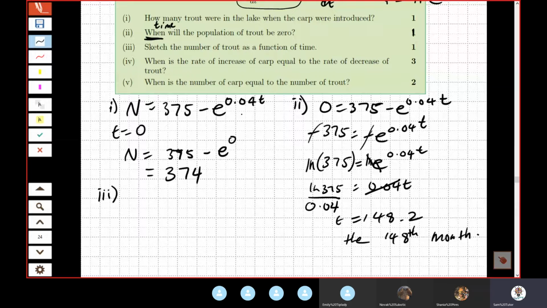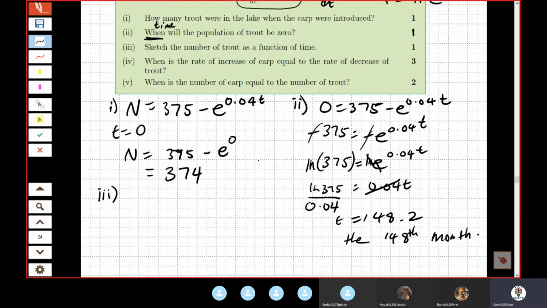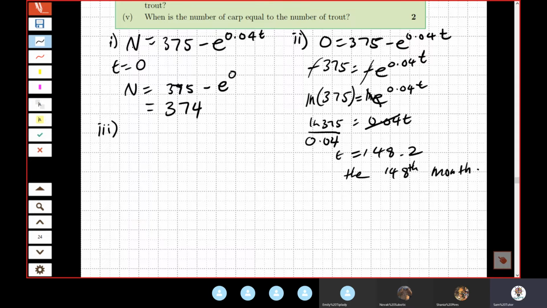Okay, part three: sketch the number of trout as a function of time. So we've got to sketch n equals 375 minus e to the power of 0.04t. So of course that's your y value and that's your x value. Time can't be negative, that's why I didn't bother drawing that.